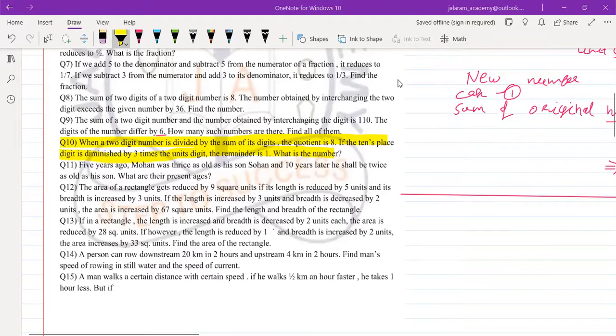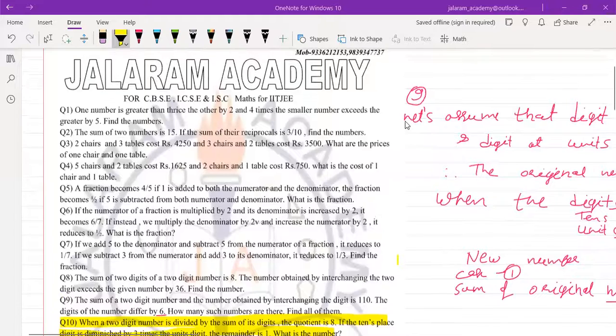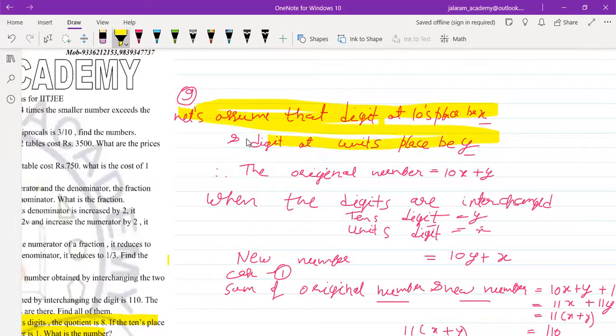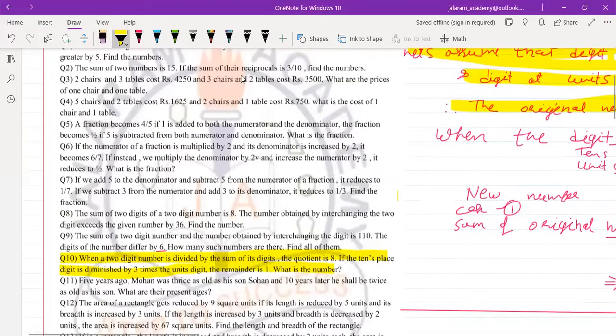So in this, the first lines will be the same. Let's assume that the digit at tens place be x, the digit at units place be y. The original number is 10x plus y. So I'm giving a hint for this only.